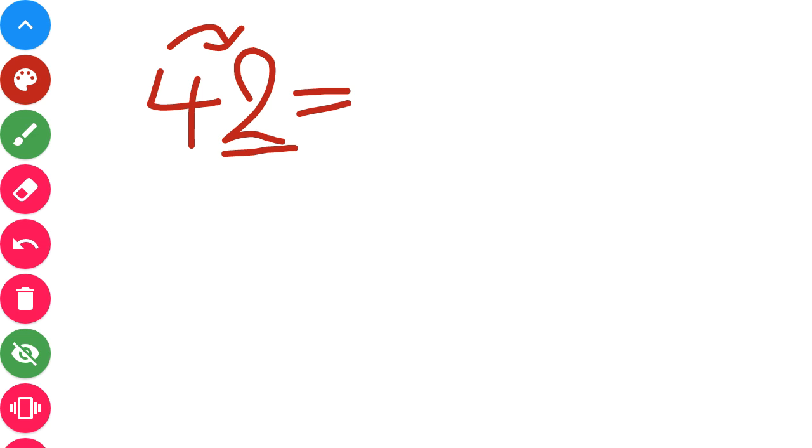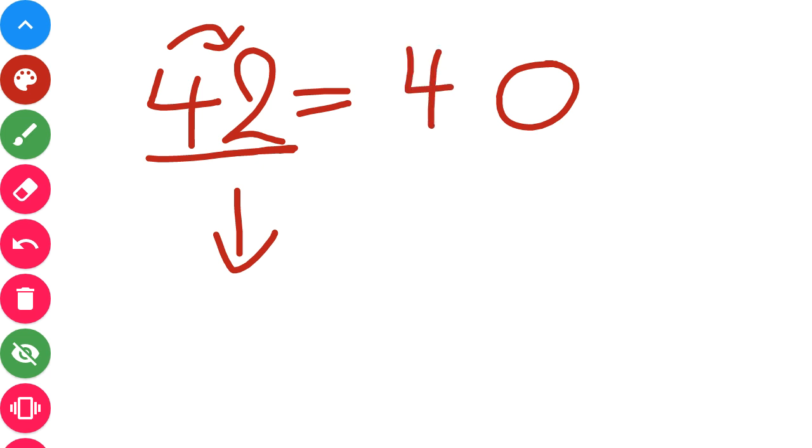Yes, 2 is smaller than 5. Then what will we do? We will round it down. So the 2 at the ones place will become 0, and this 4 will remain 4 itself. So when we round off 42 to the nearest 10, we get 40. Okay, great.